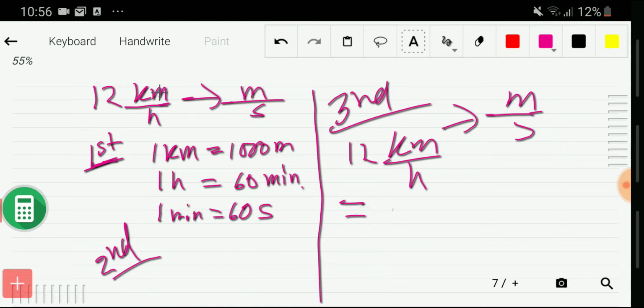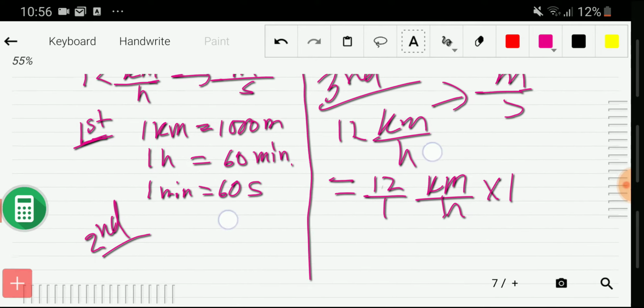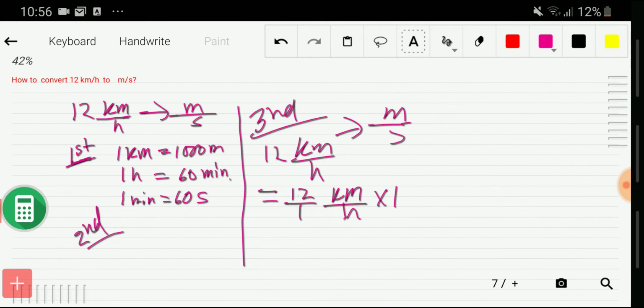So I can rewrite this problem like this: 12 by 1 kilometer per hour times 1. I can take 1 any time, right? Any number, any time. This one is for the conversion factor.